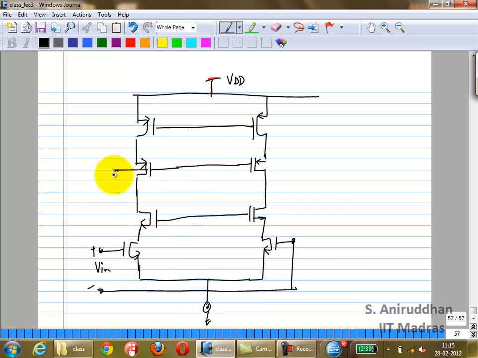So now, what will you do with this node? Just like you had a normal diode connected transistor, now you can make a high swing cascode. Correct? This will be your output.